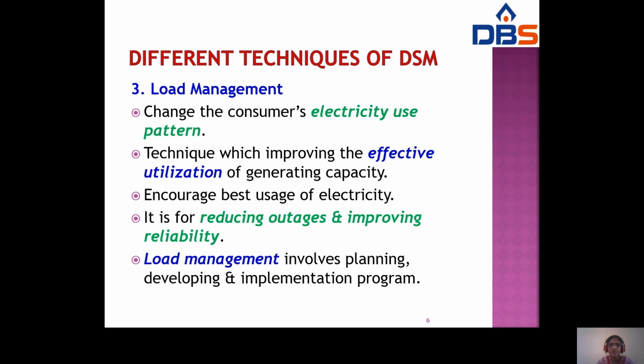Whenever you use this load management, it changes the consumer's electricity use pattern. This technique improves the effective utilization of generation capacity, and it encourages best usage of electricity.